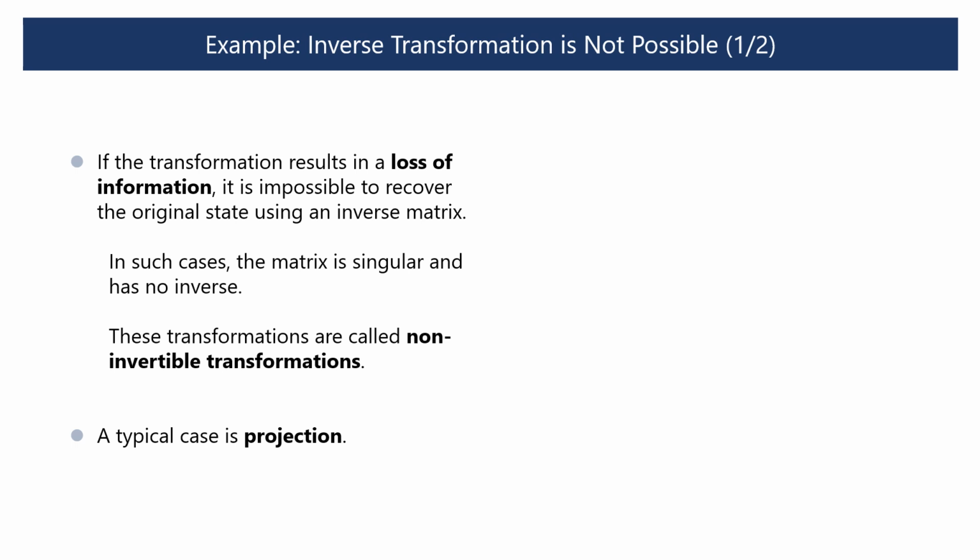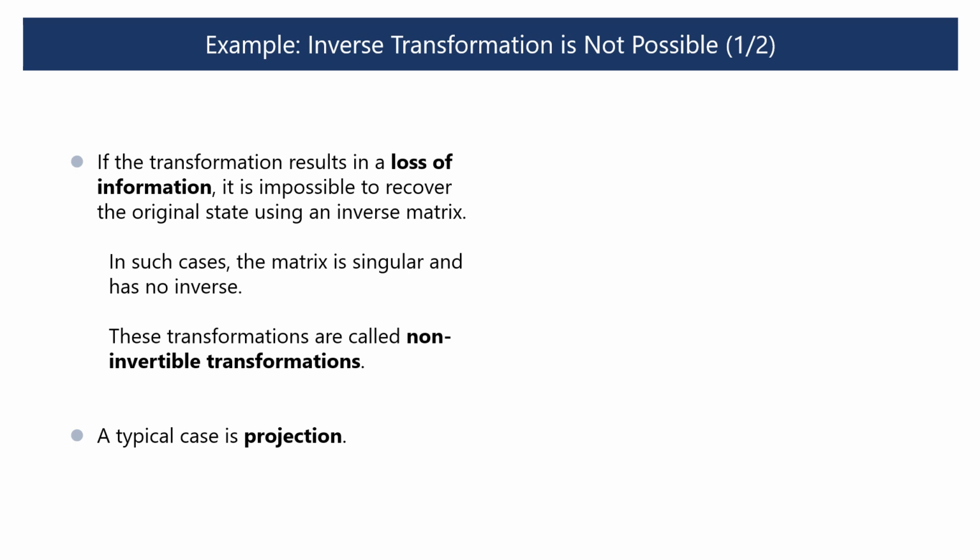If the transformation results in a loss of information, it is impossible to recover the original state using an inverse matrix. In such cases, the matrix is singular and has no inverse. These transformations are called non-invertible transformations.